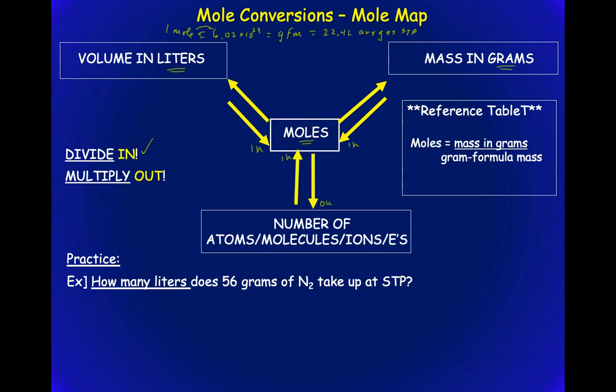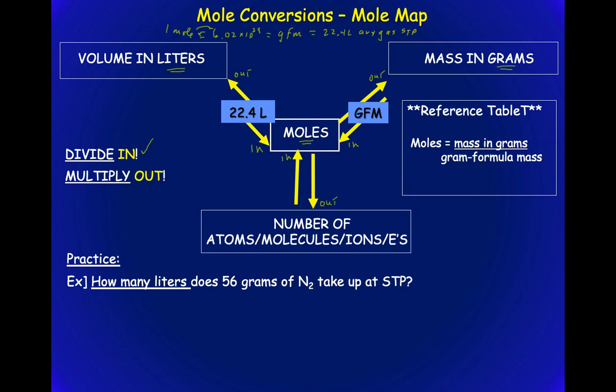If you're doing this with liters, you multiply or divide by 22.4. Again, 22.4 liters is 1 mole. So if you're going out of the mole, you multiply the moles by 22.4 to get liters. If you want moles, you take the number of liters and divide by 22.4.